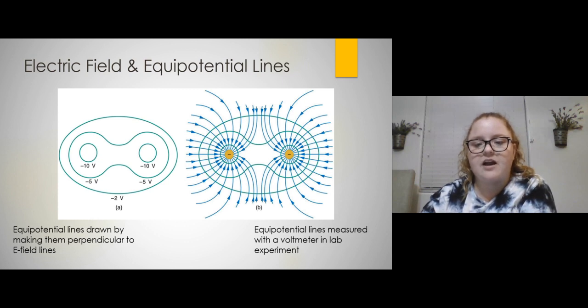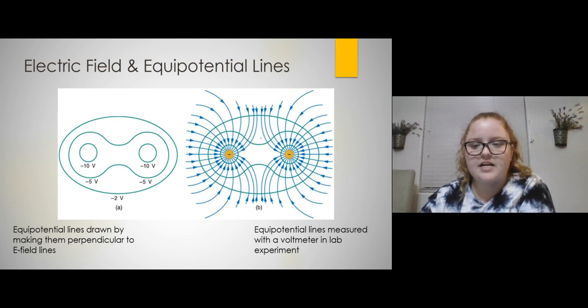In this case, we have our electric field lines, and they are not going to cross. This is what they'll look like when we have two negatives. Then again, we can start drawing our equipotential lines or taking measurements in lab. These are really small to do, but we'll see them here.